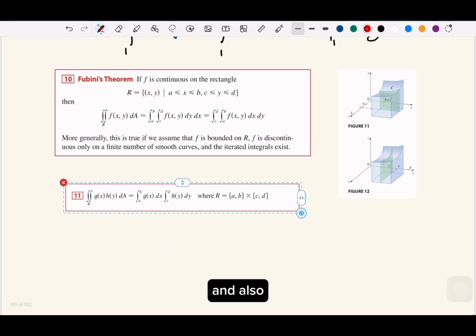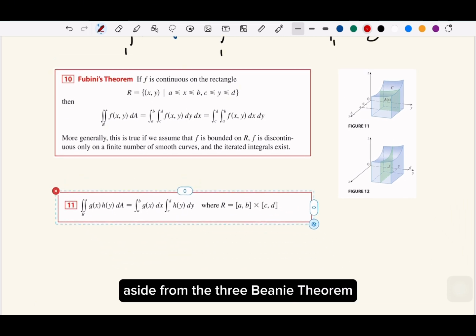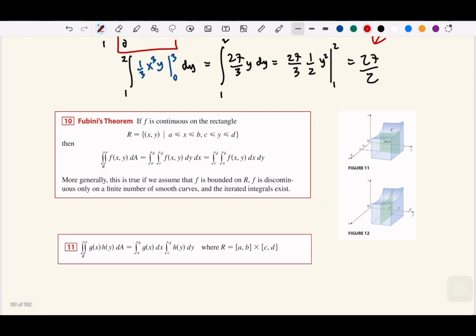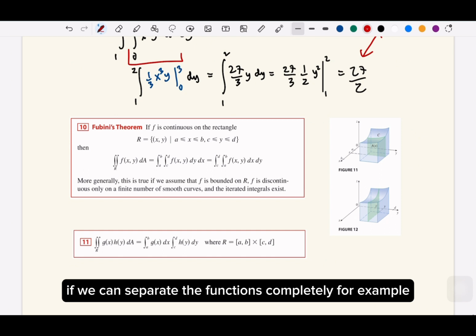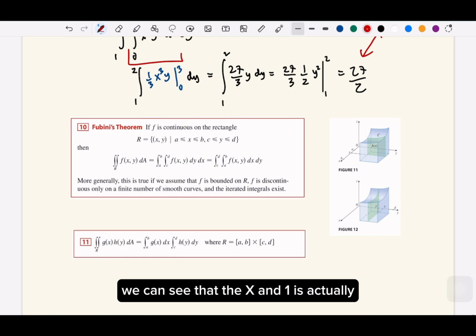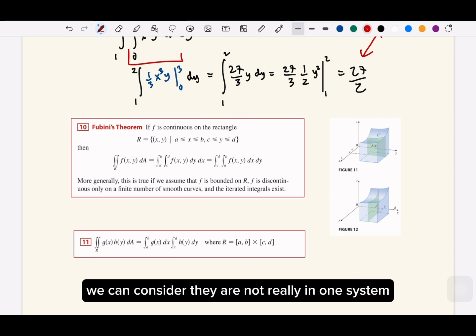Also, aside from the Fubini theorem, another theorem that is quite helpful is when we can separate the functions completely. For example, x and y are not really in one system.